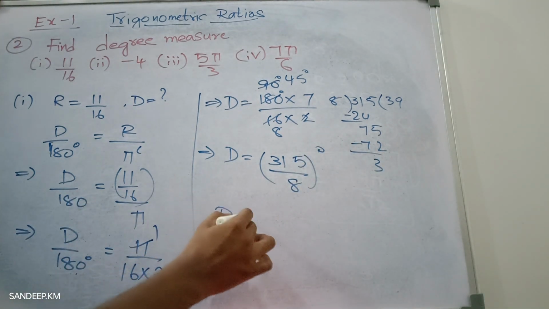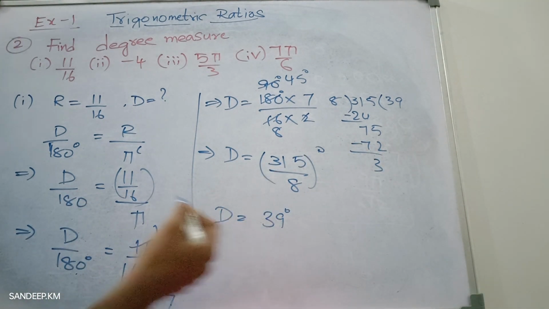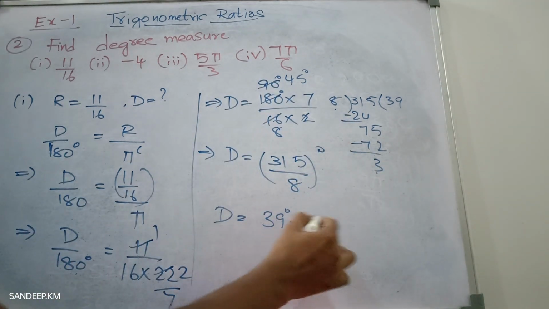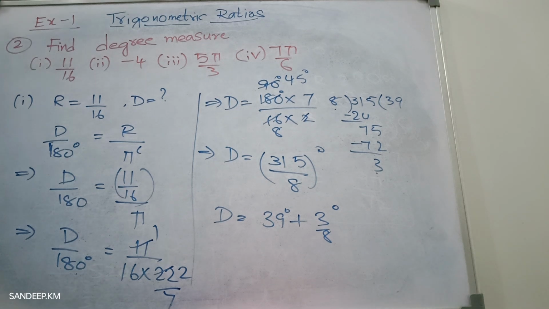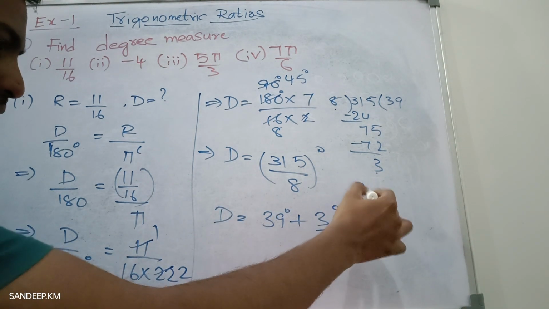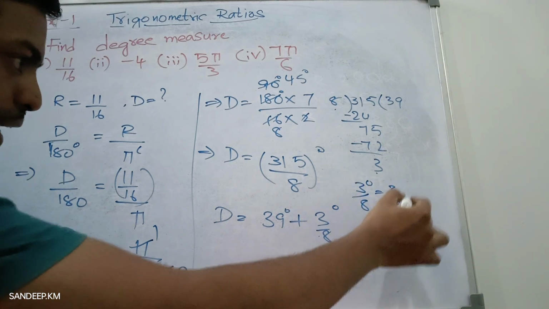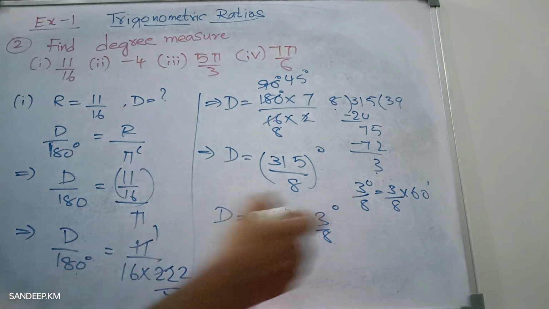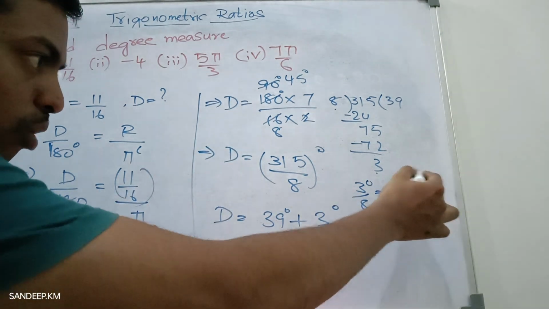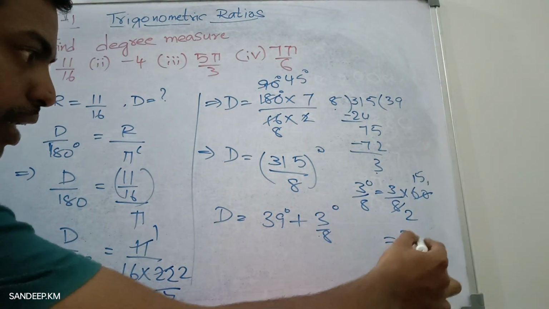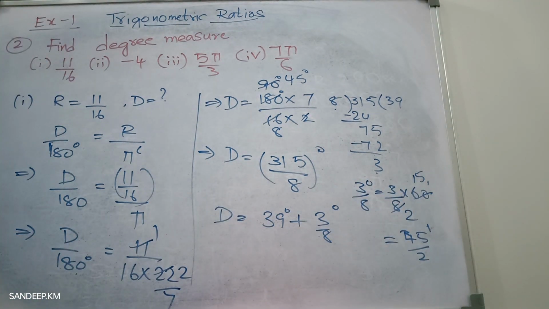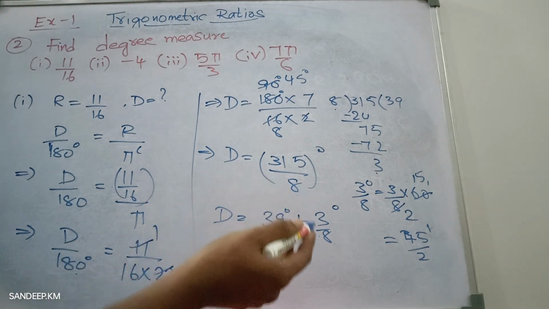So therefore in degree measure it is 39 degrees plus 3 by 8 degrees. Again, we have to convert 3 by 8 degrees into minutes, right? So 3 by 8 degrees is equal to 3 by 8 into 60 minutes, because 1 degree is 60 minutes. So 4 2s are 8, 4 15s are 60, you will get 45 by 2 minutes. So we will get what here? 45 by 2 minutes. So you can divide 45 with 2.